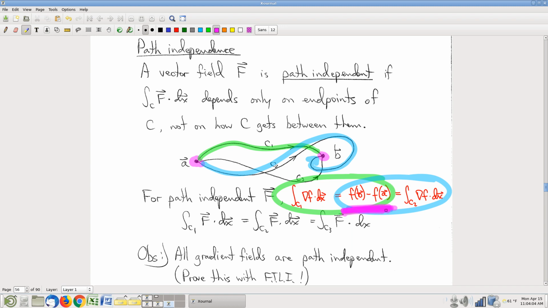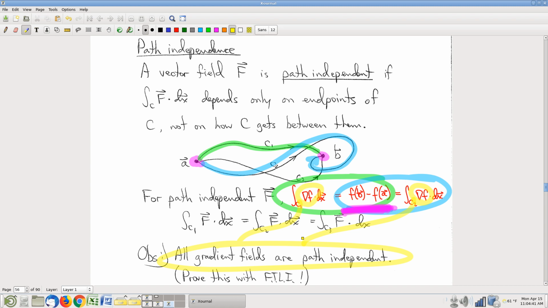So two curves with the same boundary points, the line integrals are going to be computed by plugging f into the same boundary points. And so of course you get the same value. It's going to work for any curve that starts and ends at A and B respectively, because they're computed by the same formula every time. So all gradients have this feature of being path independent. I hope everybody remembers this argument.